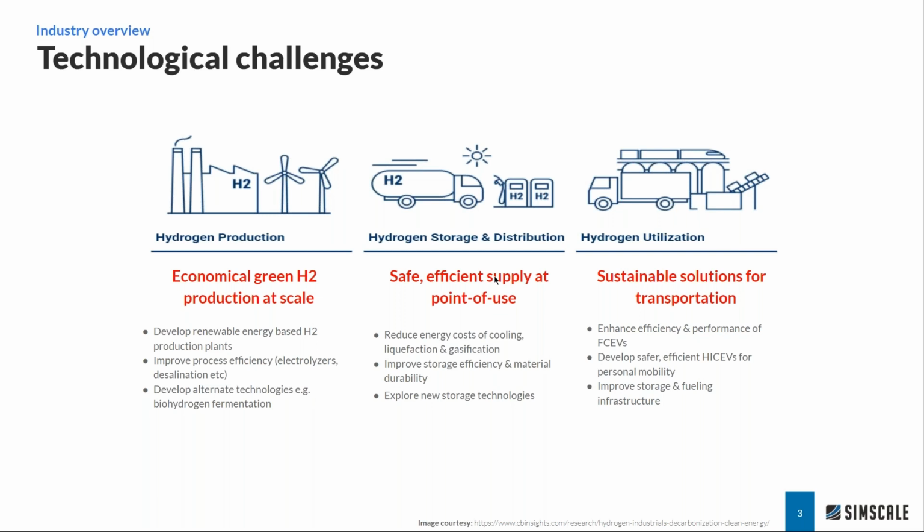And finally, from a utilization perspective, I'm talking about the transportation industry here, but this is also applicable to all the other industries where hydrogen can be used, like aviation. And there is a lot of innovation happening here in terms of improving storage and fueling infrastructure. There's a lot of conversations about whether fuel cell electric vehicles are better or hydrogen powered internal combustion engines are better.